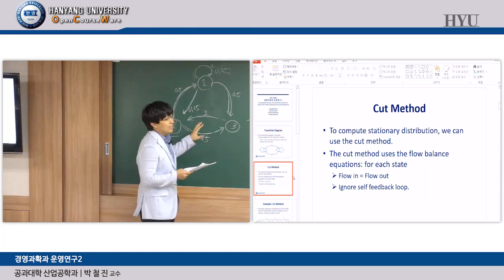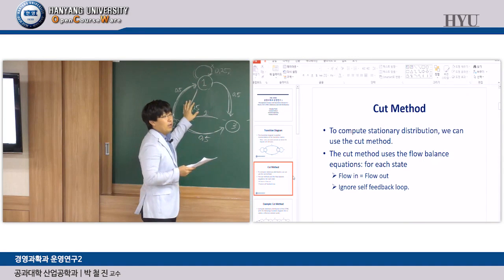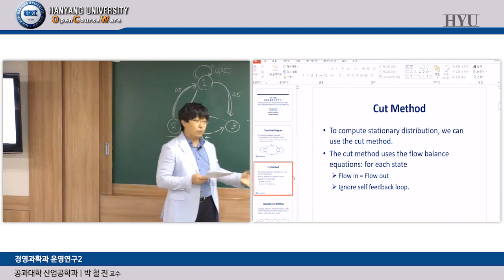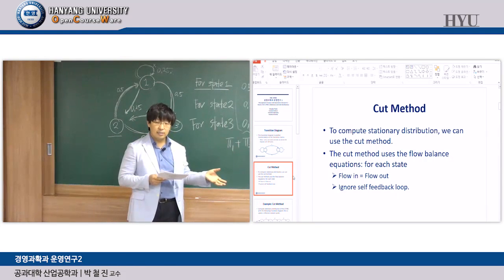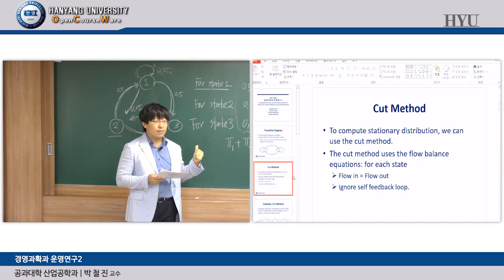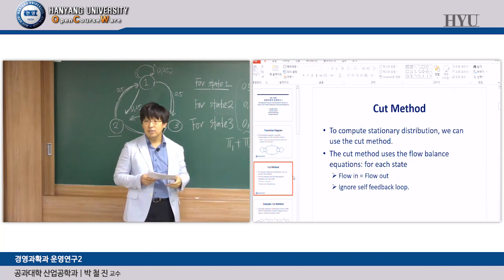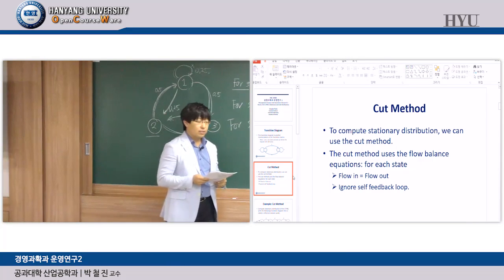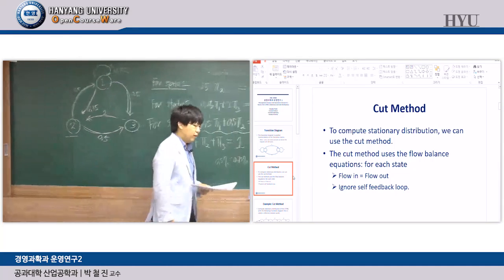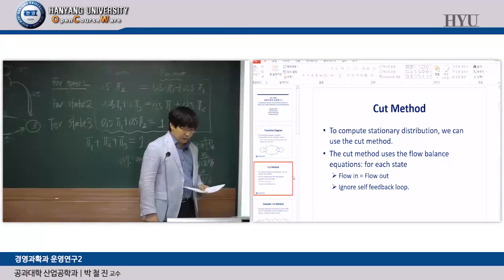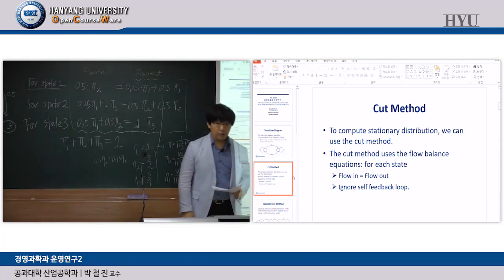But in that case, as long as we can figure out the transition structure and the properties of the chain, then based on the cut method, we can calculate the stationary distribution corresponding to the chain. Okay, so this is another way to figure out the stationary distribution.